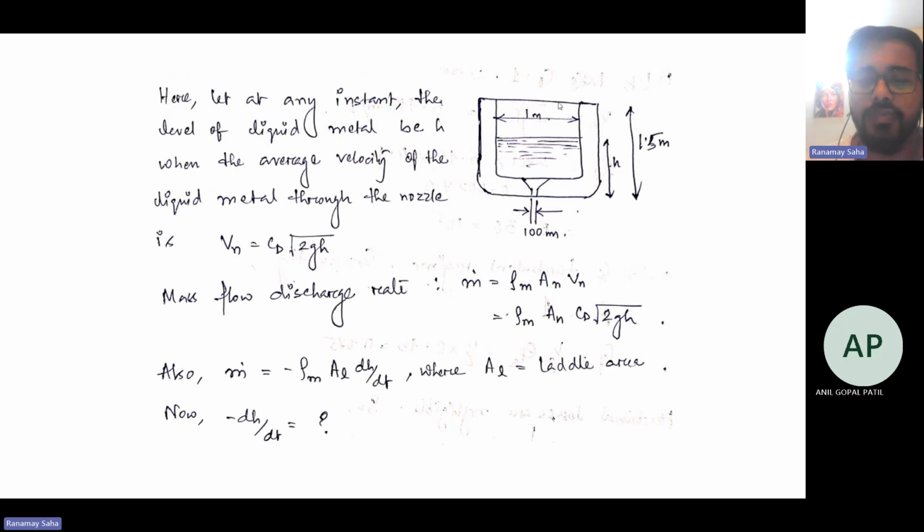That gives the rate of reduction of molten metal within the ladle. To signify that the height is reducing, we use this negative sign with dh/dt, right?